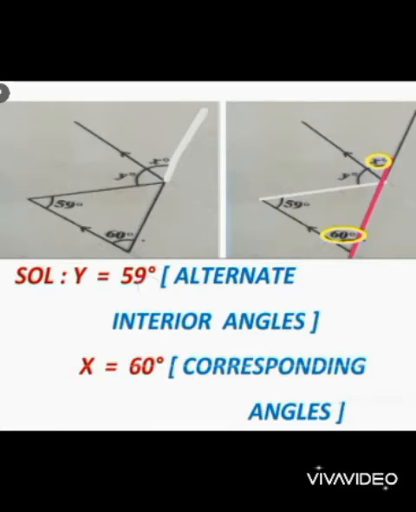Now, we are considering these two as parallel lines and this one is a transversal. Okay, and here you observe that angle x will be equal to 60 degrees. So, what is the reason there, children? Corresponding angles. So, the value of x is equal to 60 degrees and the value of y is equal to 59 degrees.